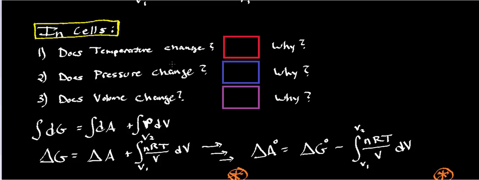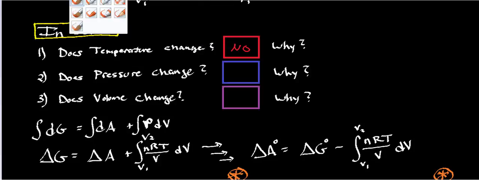Well, temperature is maintained constant, right? That's one of the things you would learn about in a physiology course, that the body has mechanisms to keep body temperature overall constant, and that also equates to the temperature in cells. There is an exchange of heat between the cell and outside the cell, but the temperature is kept constant. So the answer here is, does temperature change? No, temperature is relatively constant when we're talking about biological systems.